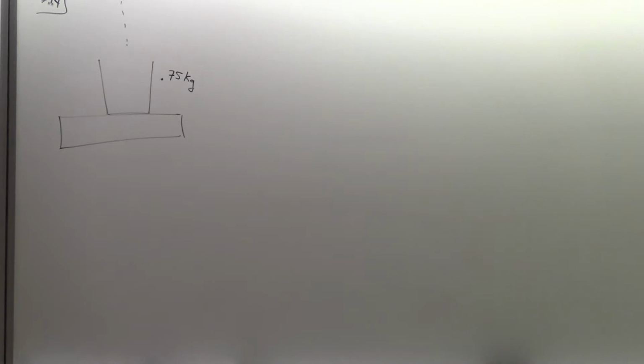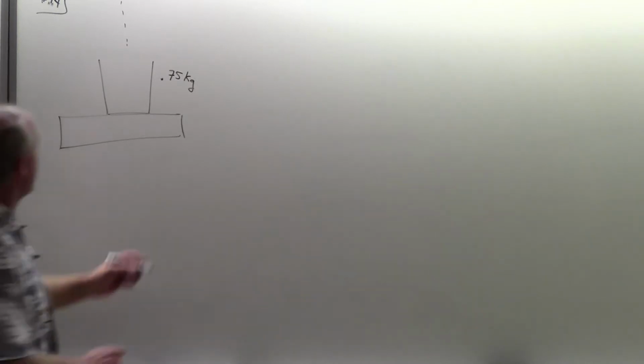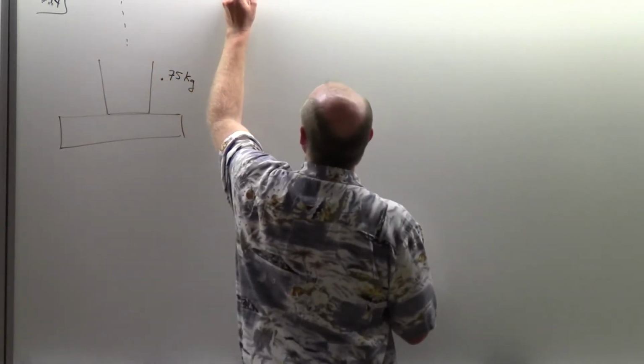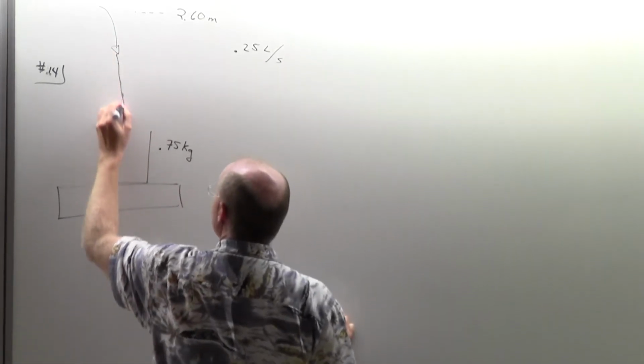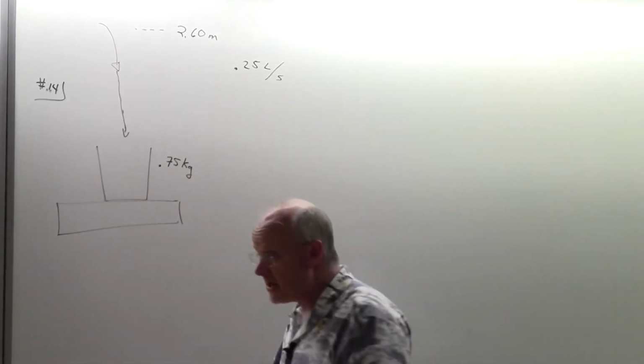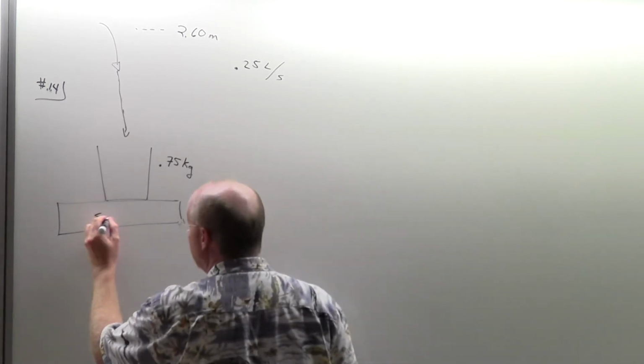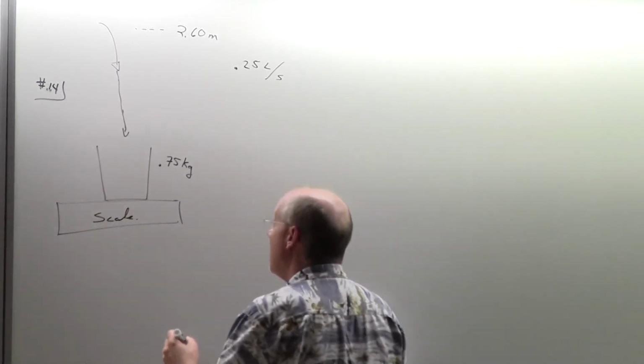Yeah, 2.6 meters. Now, it's flowing into the bucket at a rate of 0.25 liters every second. So here's the water. Now it says the bucket starts empty and is sitting on a scale.